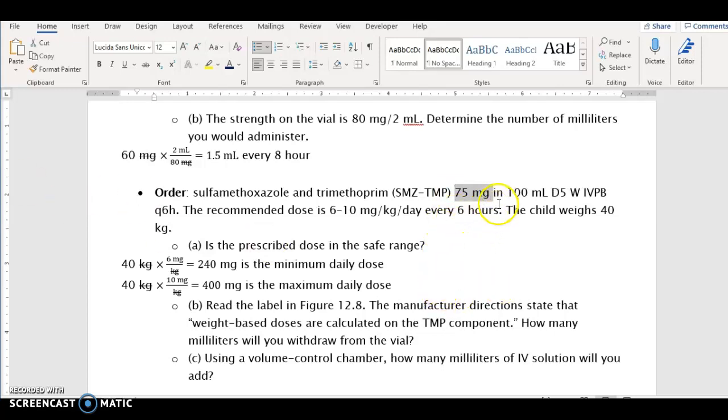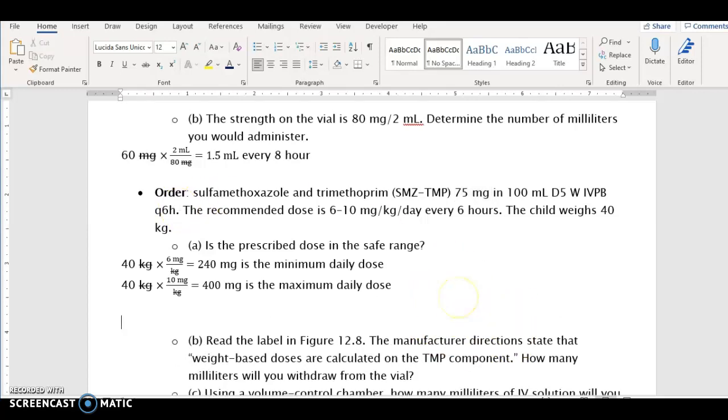Okay, so to make the comparison properly, we need to figure out how much the patient will receive in a 24-hour period. Okay, so there would be 4 6-hour periods in 24 hours. So the patient will receive 75 milligrams 4 times in a 24-hour period.